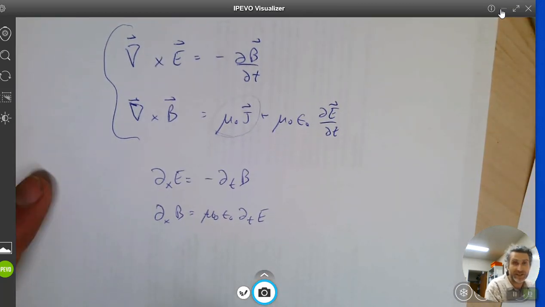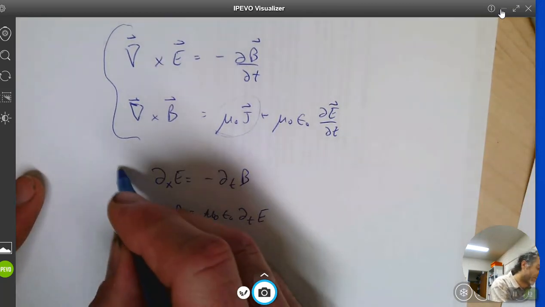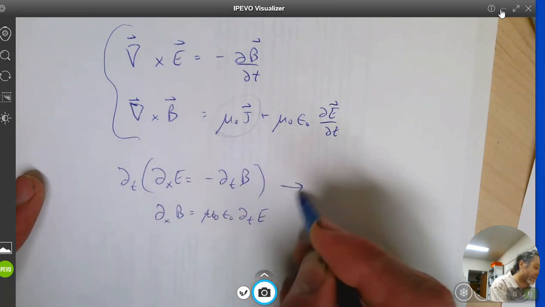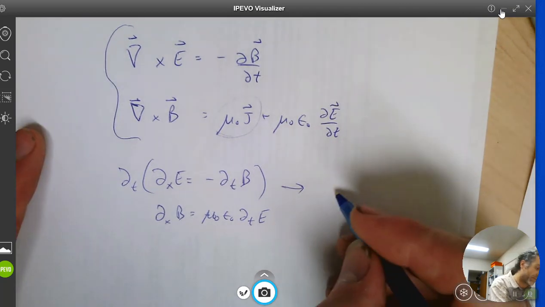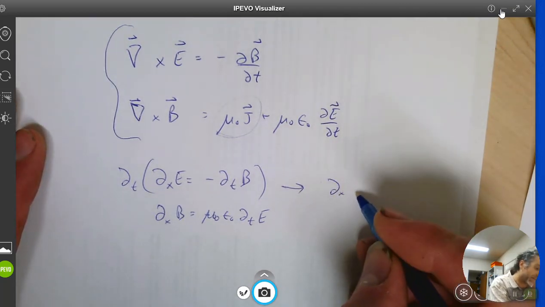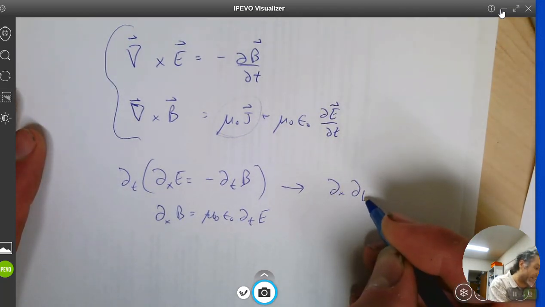Now, a cool thing that I can do at this point is I could say, well, what if I were to take a d by dt of this whole equation right here? You can always flip differential operators.